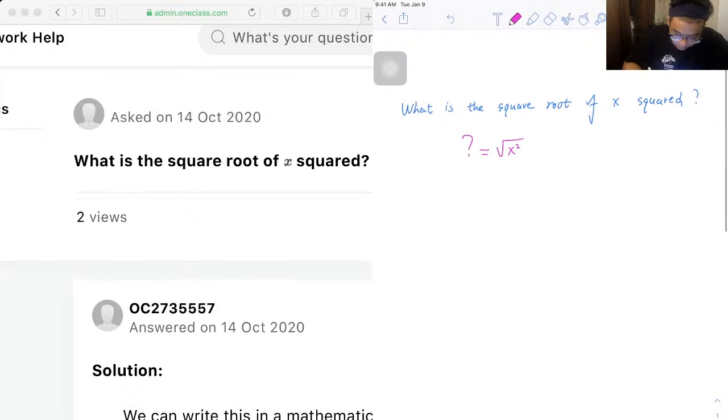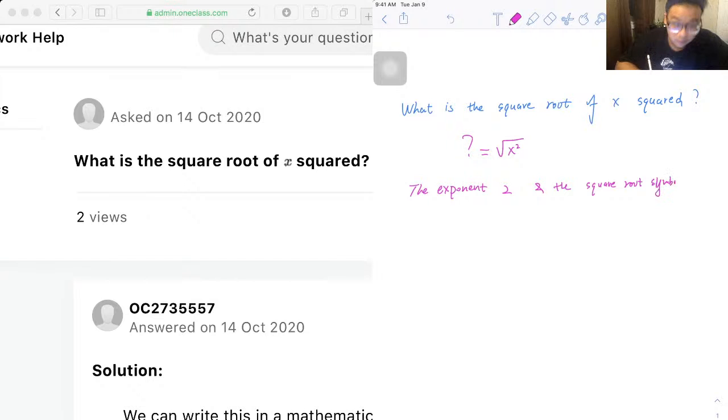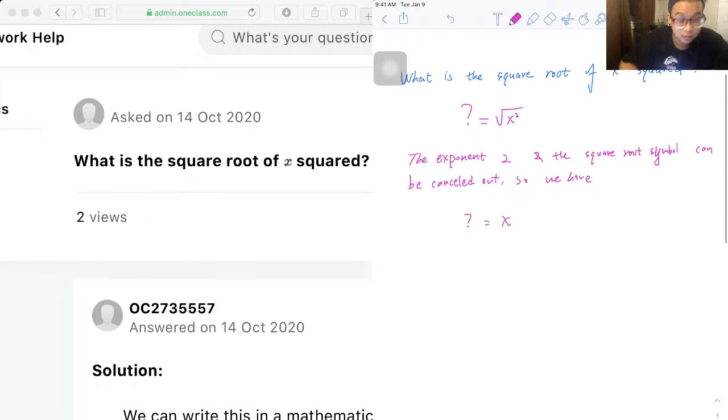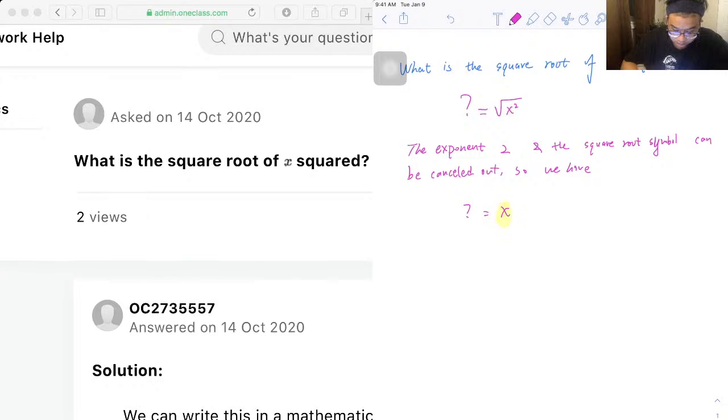And we know that the exponent 2 and the square root symbol can be cancelled out. So we have something is equal to just x itself, right? So the answer will be x.